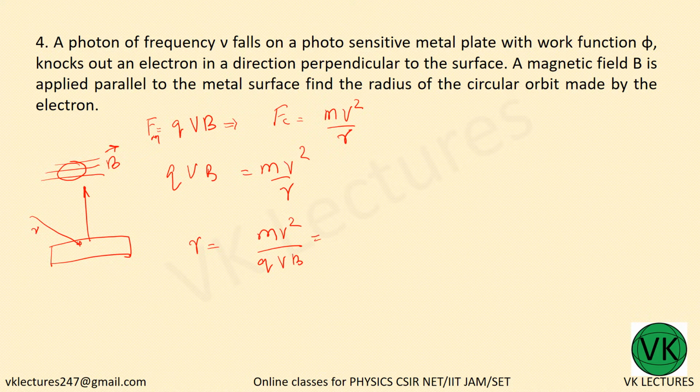That is nothing but mv by QB. But here the question is, we don't know what the velocity is. We know the mass. Mass is the mass of the electron, and Q is the charge of the electron. B is the magnetic field, which is applied.